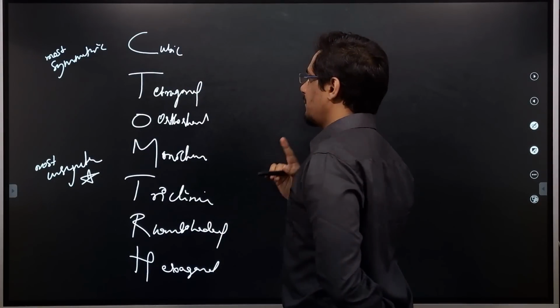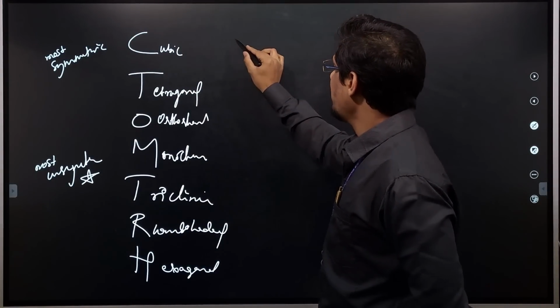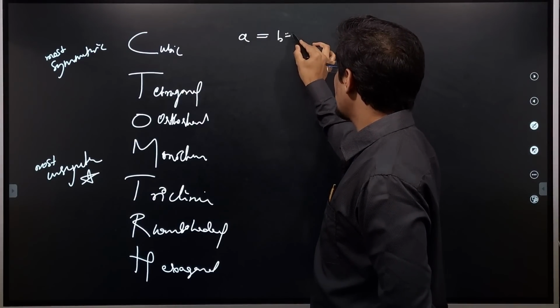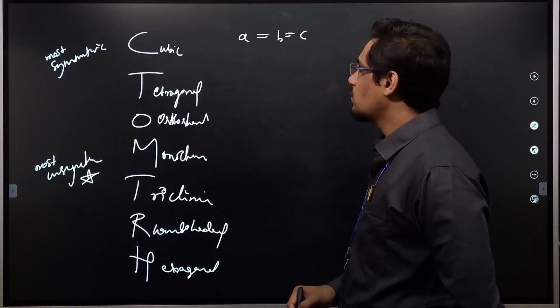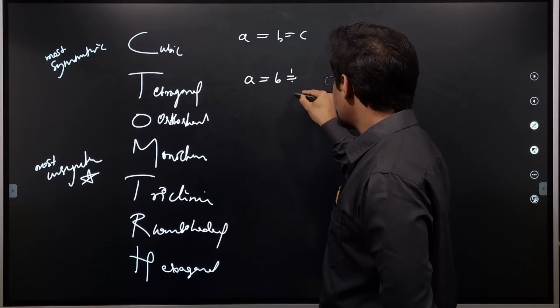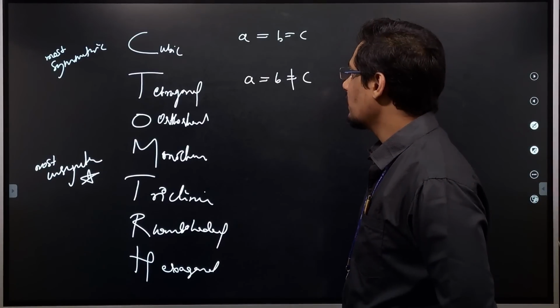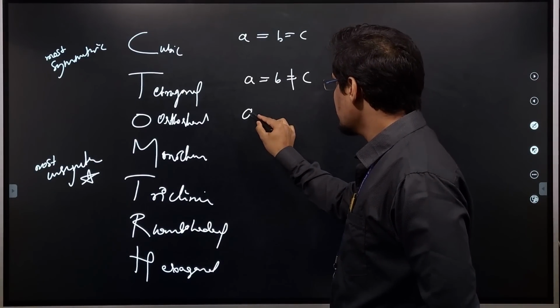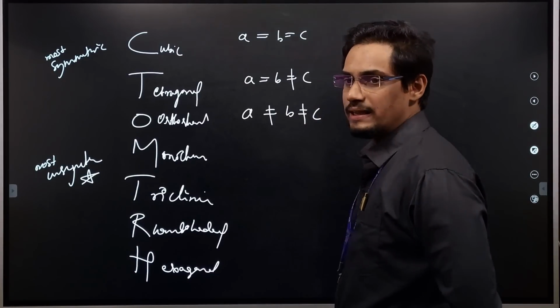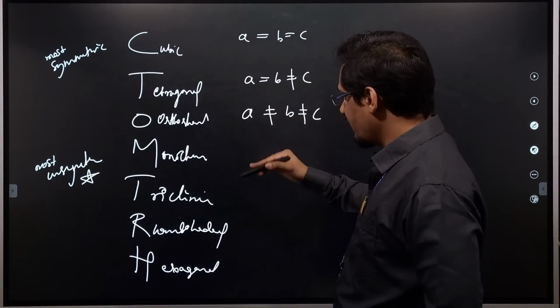How to remember the dimensions? See, for cubic, let us have a shortcut: a equal to b equal to c. Here a equal to b but not equal to c. For orthorhombic, a is not equal to b is not equal to c. Repeat this.